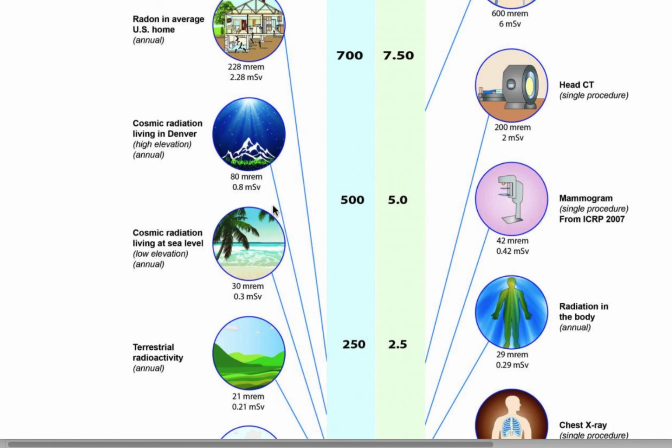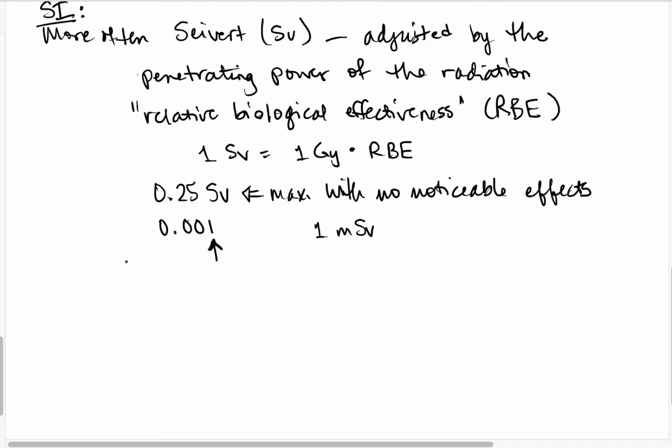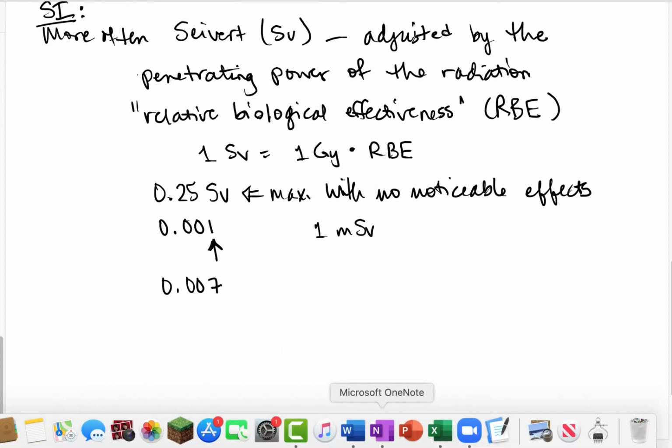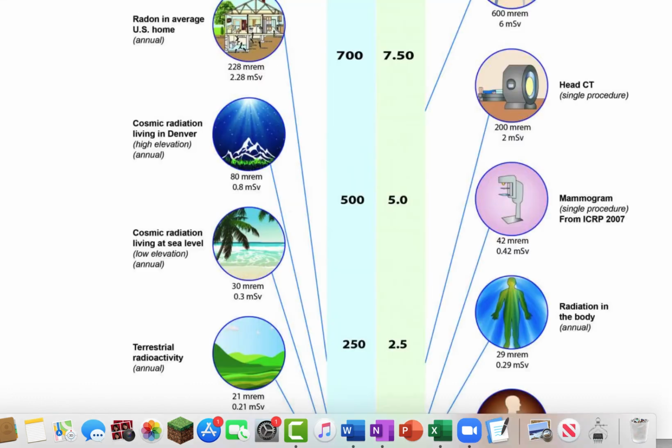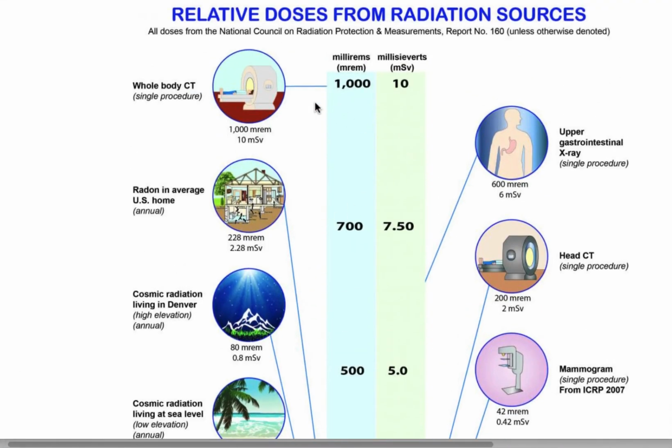So let's go back to our table here and notice that our maximum on that normal events table was 7. Excuse me, was it 10? Now I can't remember. Let's go back over. Oh, 10. All right, 10 millisieverts.